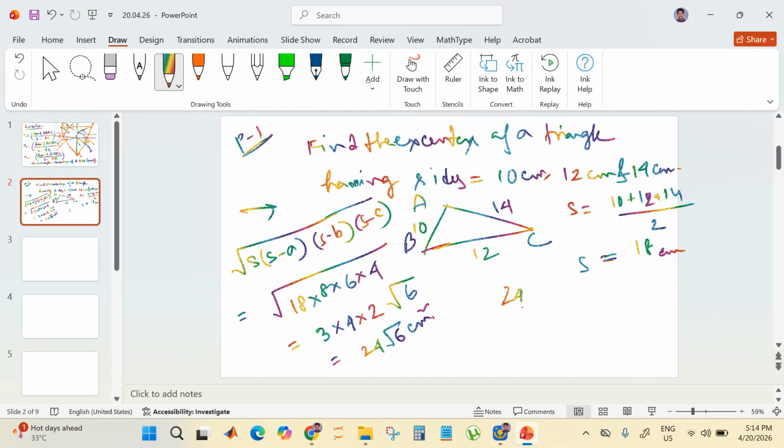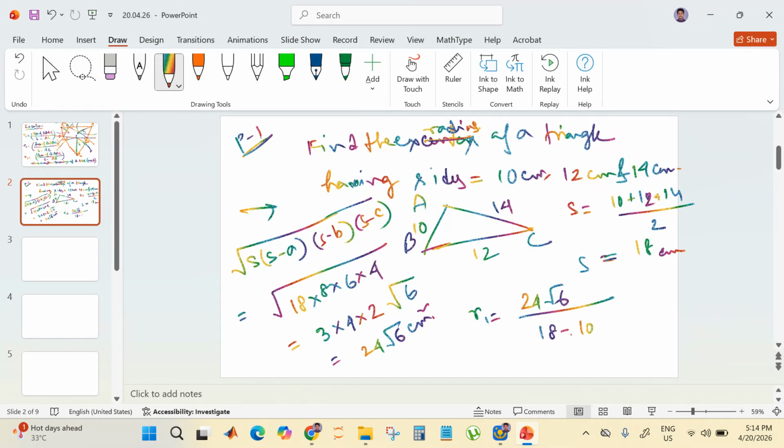So now you can find the exradii, right? Find the excenters, not excenter actually, exradius. So R1 you can observe, area that is 24 root 6 by 18 minus A. What is A?